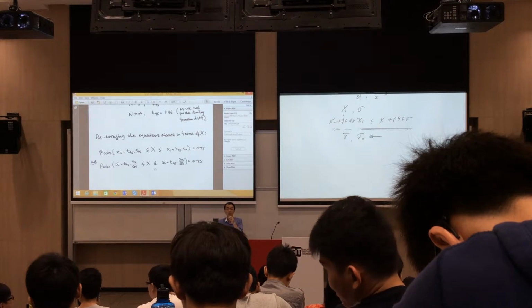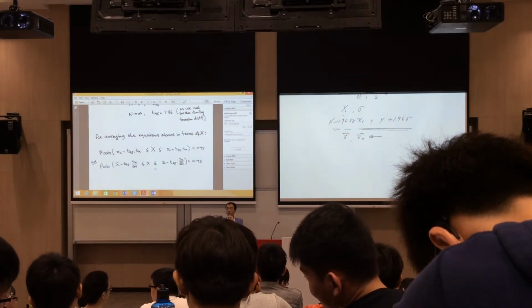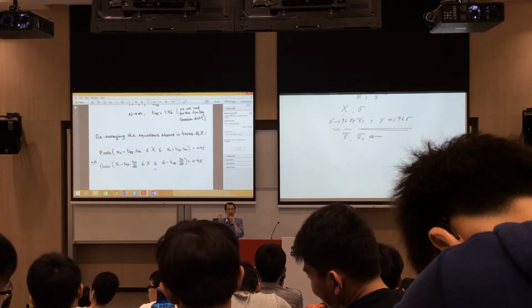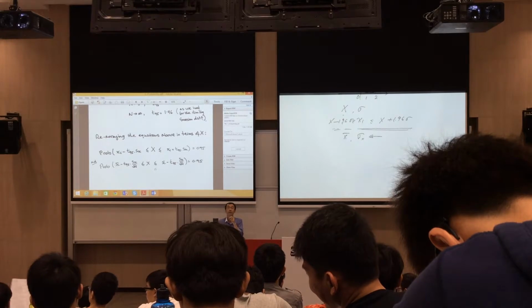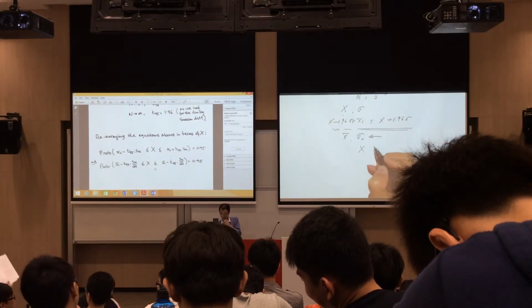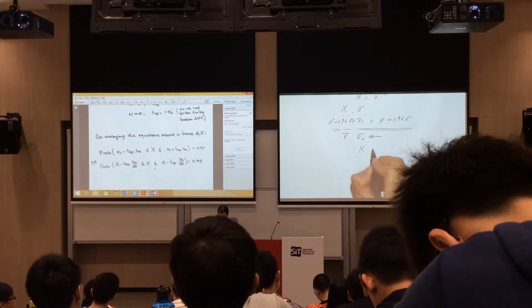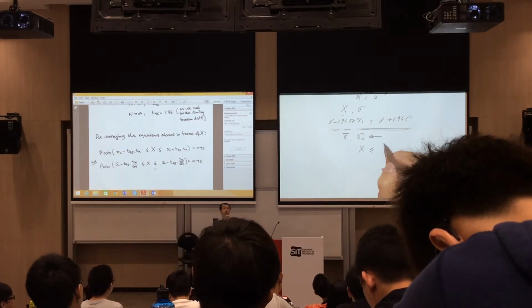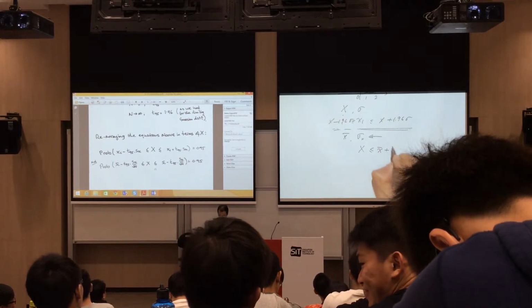The question is, you have the measurement data, and you want to estimate what my true mean is. The true mean value will be within this range. Let's look at the second equation first. It will be within this range.